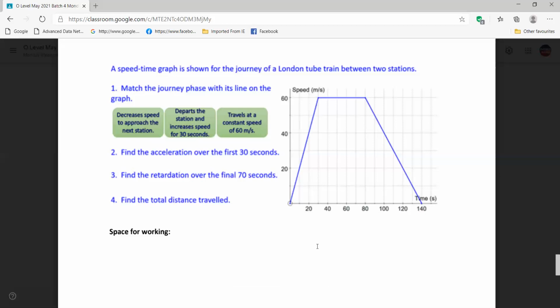Sir, the constant speed would be 300 meter. Because we need to just find the area and it covers from 30 to 80. And 80 minus 30 is equal to 50. 50 into 60 is equal to 300.